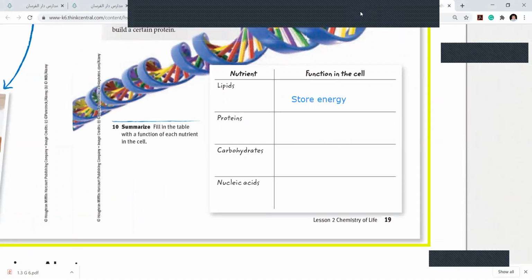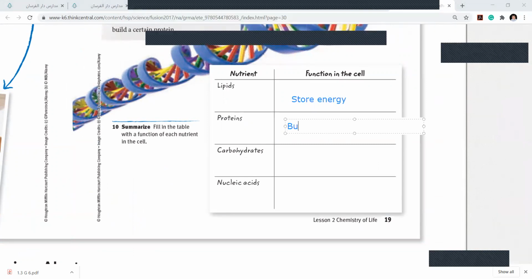Grow means they wrote here build, and repair the cell. Even this stores, but there's also something extra. It stores and also releases energy. It also gives energy.